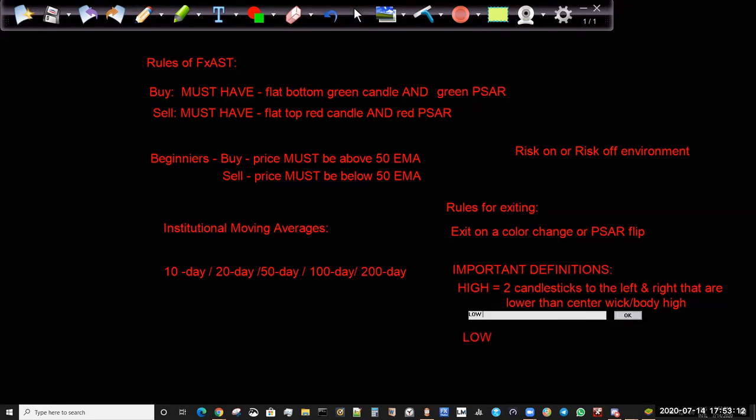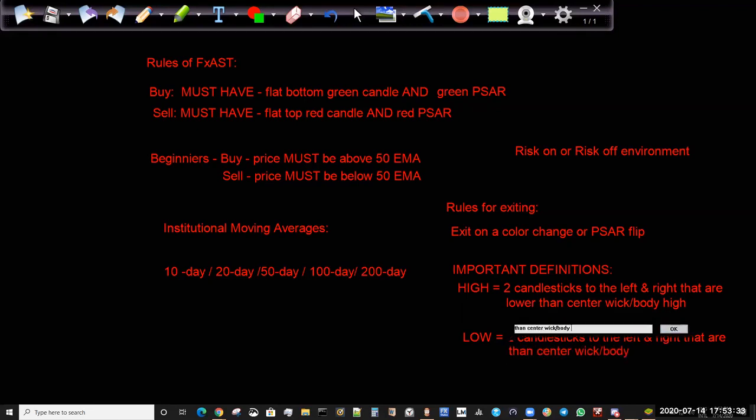A low is 2 candlesticks to the left and right that are higher than the center wick body low. Okay?